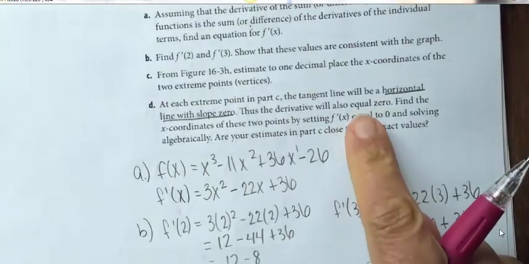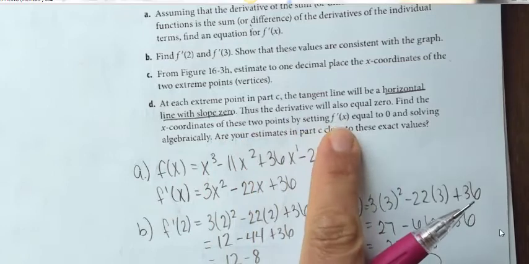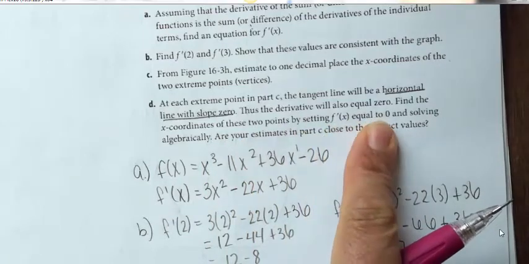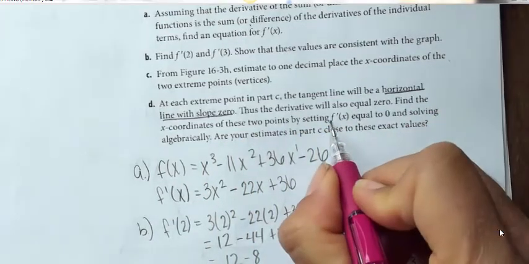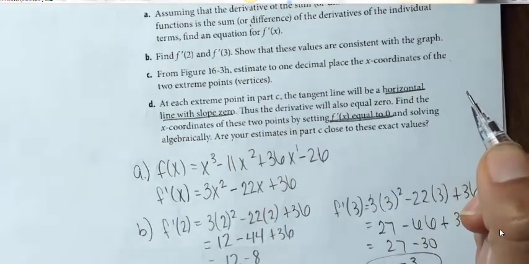Okay. Find the x-coordinates of these 2 points by setting f prime of x equal to 0. Right? So anytime that you want to find your maximum or mins, the derivative there is going to equal 0 because there is no rate of change.